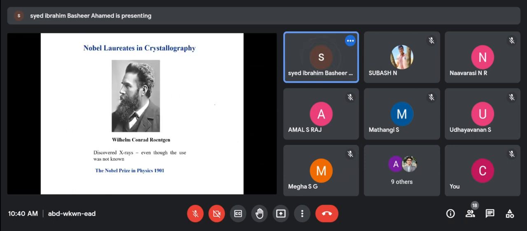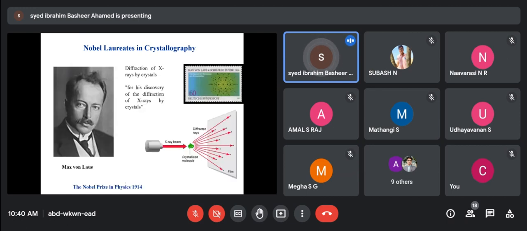Here, this is Röntgen, who discovered X-rays. All these things we saw in the previous classes, and he was awarded a Nobel Prize in the 19th century. Then there is another Nobel laureate, Max von Laue.